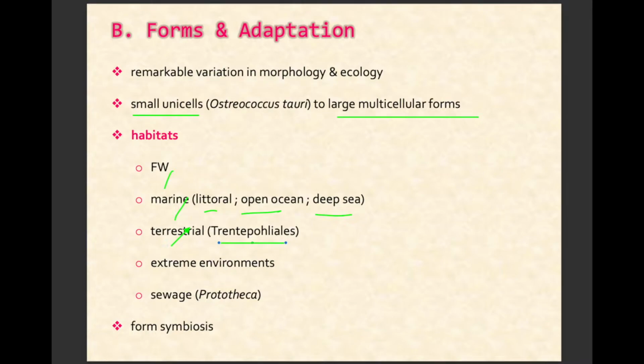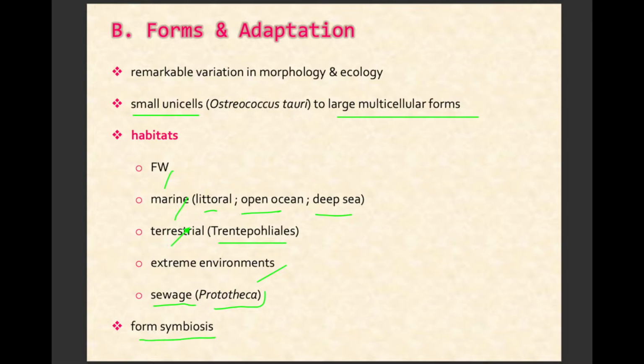There are also representatives that live in extreme environments, and those in close association with human excrement that can cause a parasitic mode of nutrition, like for example Prototheca, which is also a chlorophyte, part of your division Chlorophyta, but eventually they lost their ability to photosynthesize. They lost their chloroplast and adopted this parasitic way of life.